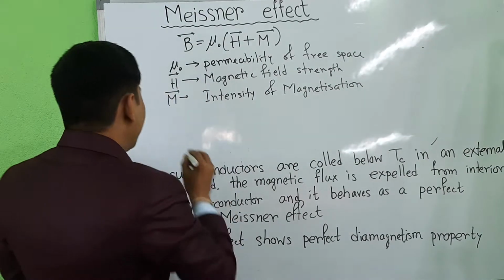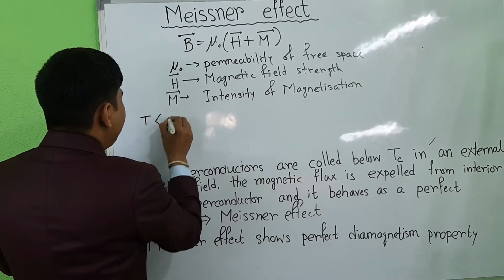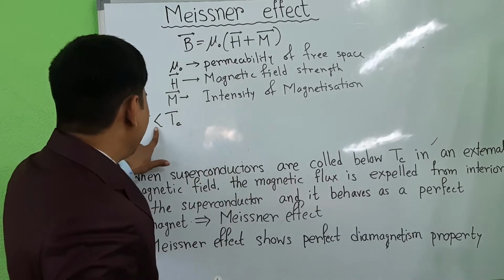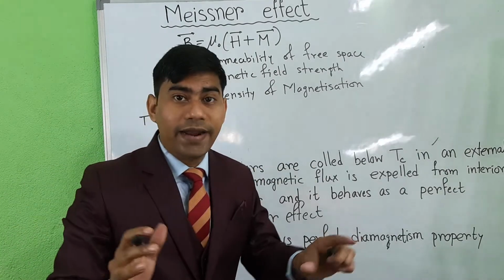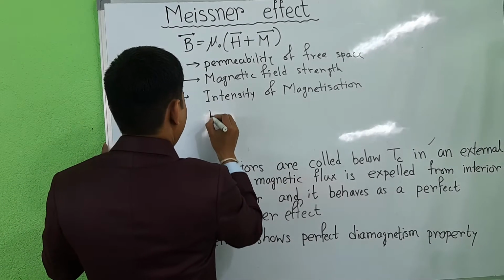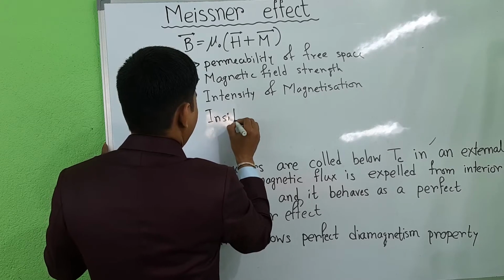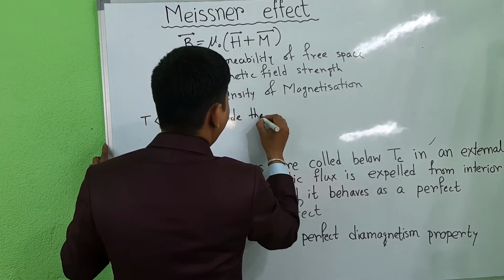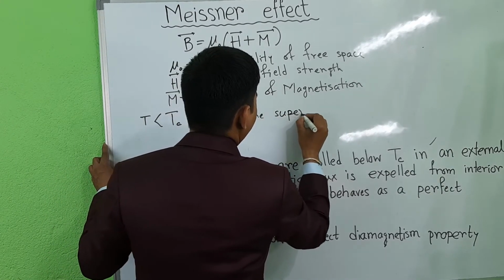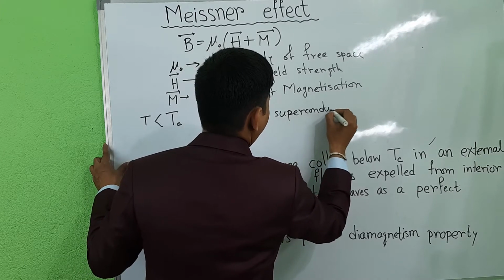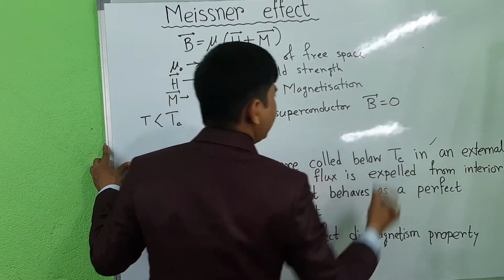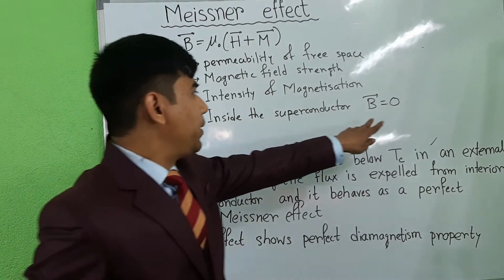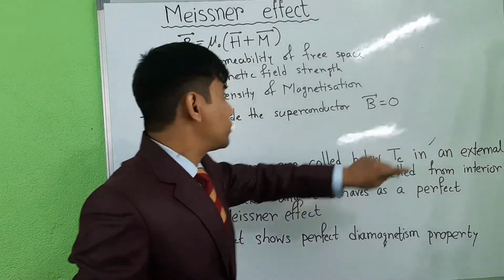Now for temperature T less than critical temperature Tc, inside the superconductor we have magnetic field B vector equal to 0.